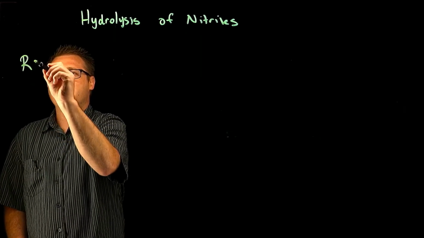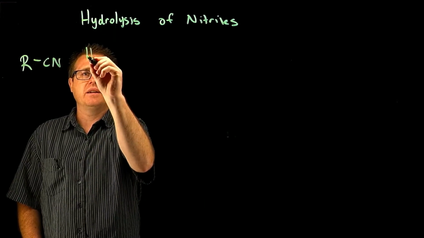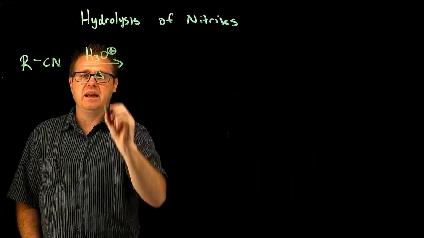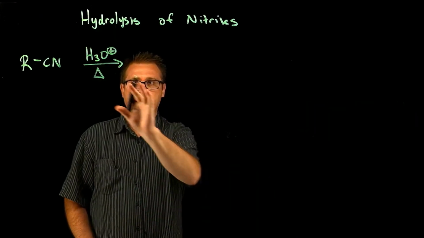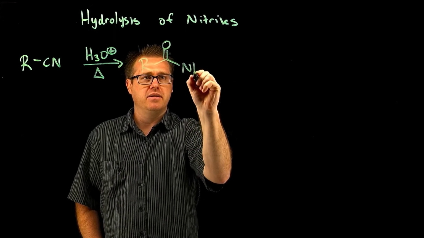That is where you take a nitrile and you treat it with an aqueous acid and you add some heat to it, and that's going to convert it into an amide.